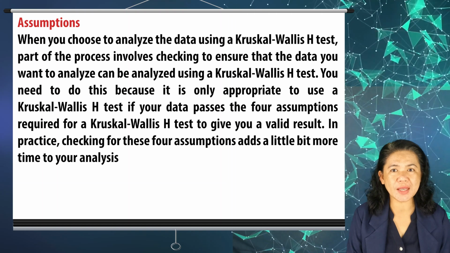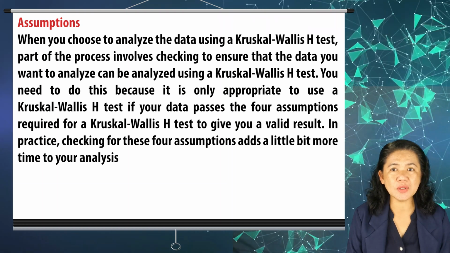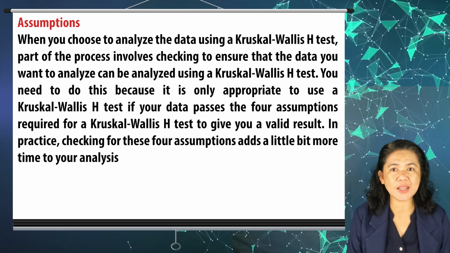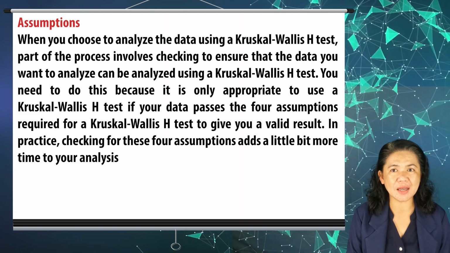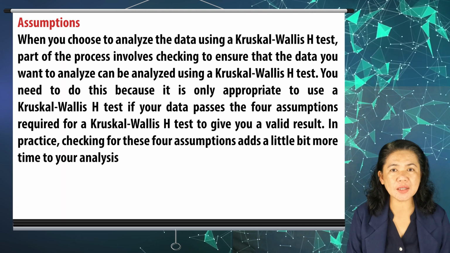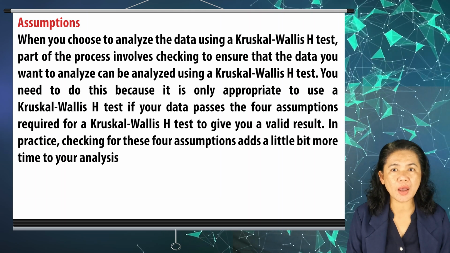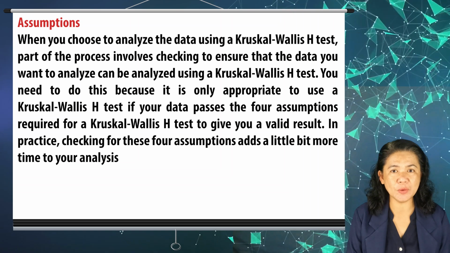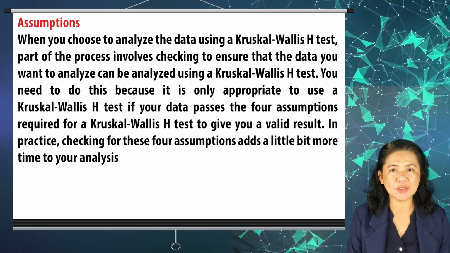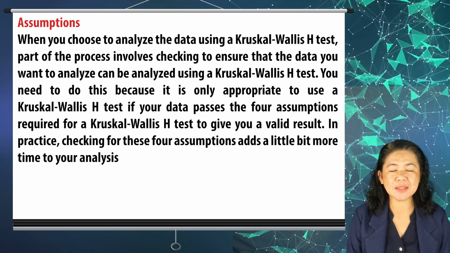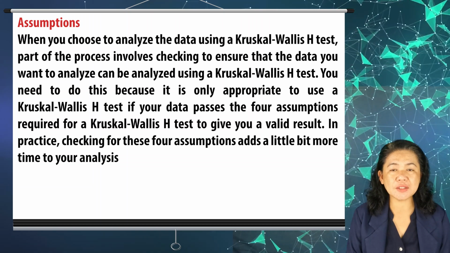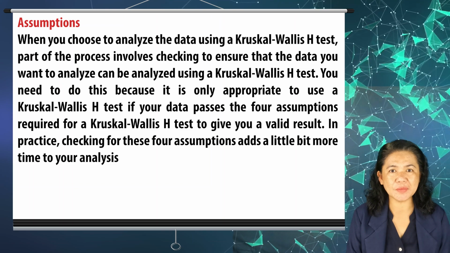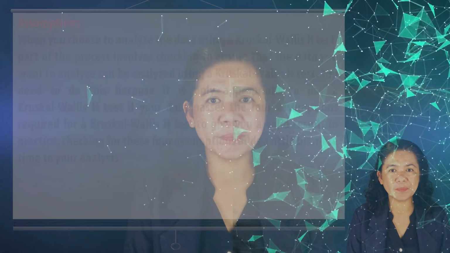You need to do this because it is only appropriate to use a Kruskal-Wallis H-test if your data passes the 4 assumptions required for a Kruskal-Wallis H-test to give you a valid result. In practice, checking for these 4 assumptions adds a little bit more time to your analysis.